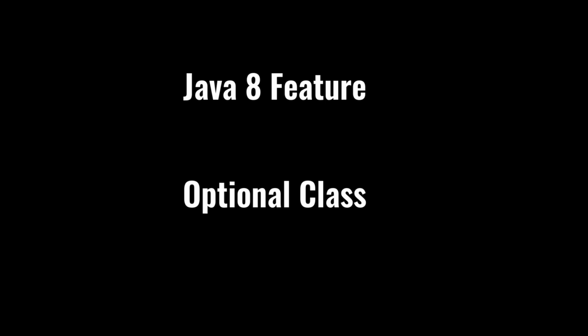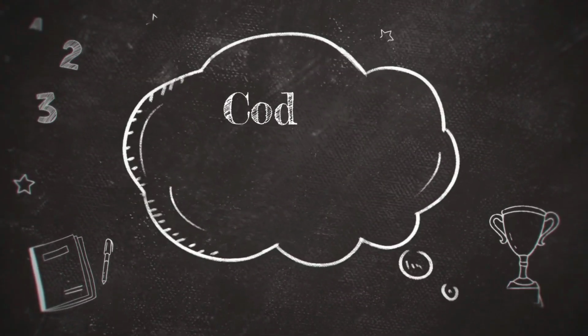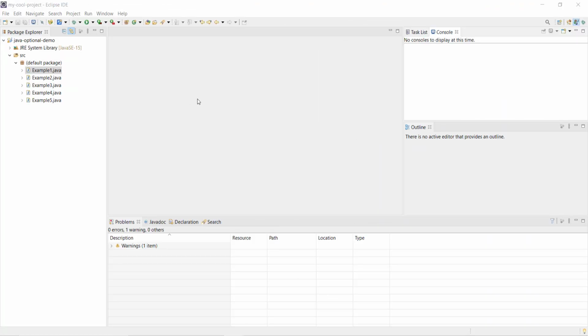Alright, so in this video I'm going to show you 5 examples of how you can use Java Optional. Okay, so let us get started. As you see in my Eclipse, I already have created 5 examples.